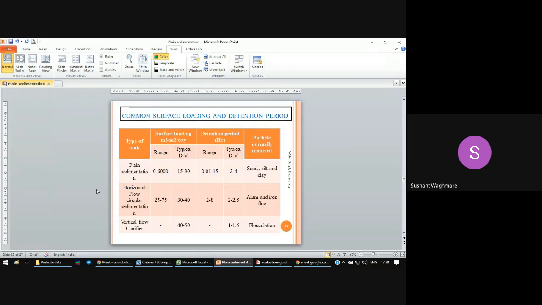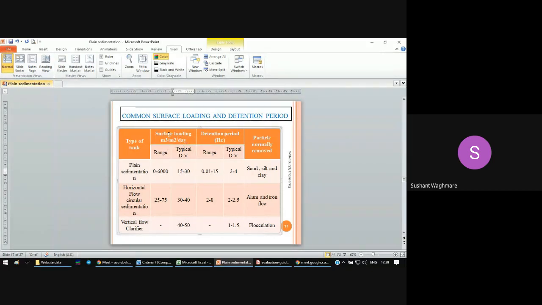These are the common surface loading and detention periods normally used. So for plain sedimentation, the surface loading has a unit of meter cube per meter square per day. So meter cube of water per meter square of the tank area per day. This is what surface loading rate is.